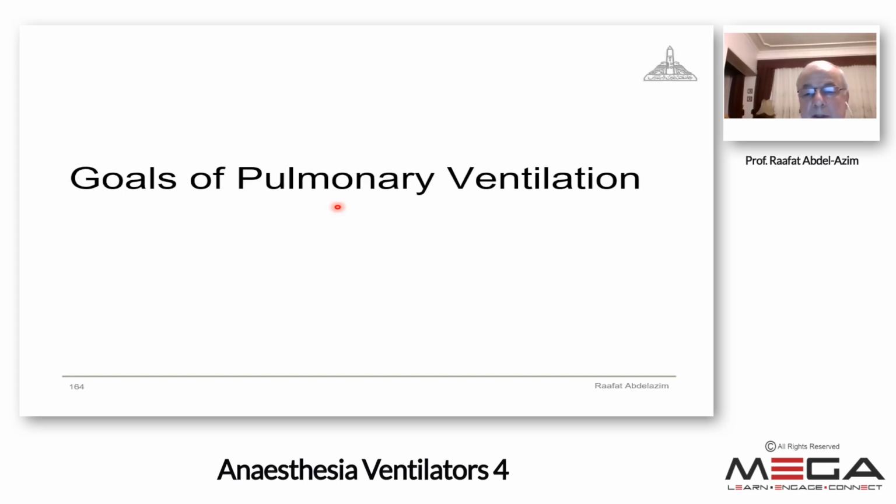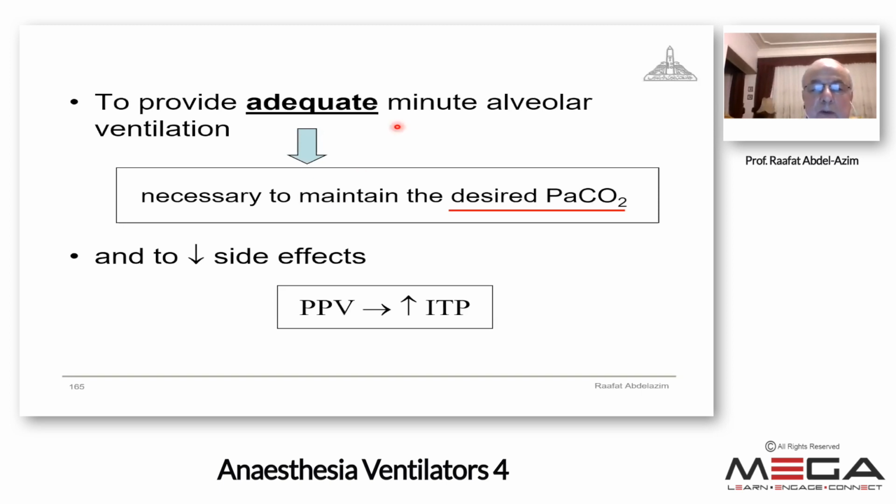Why do we ventilate patients? We ventilate patients to achieve a goal. What is the goal of ventilation? It's to provide adequate minute alveolar ventilation that is necessary to maintain the desired PCO2. When I give adequate ventilation to give the desired PCO2, this is when I achieve the goal. And to decrease the side effects. What are the side effects?